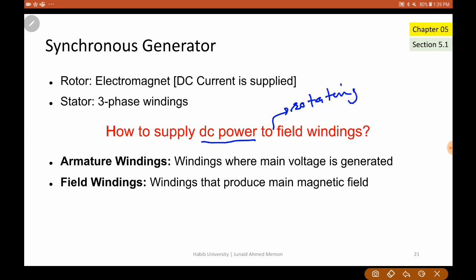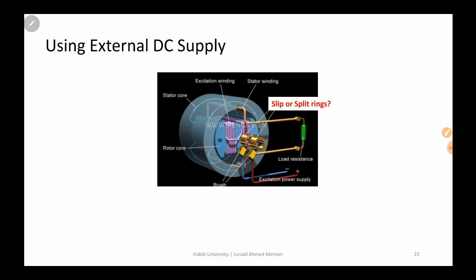That's the problem, that your field windings are rotating. So how do we supply the DC power to the rotating field windings? One obvious solution is that you connect an external DC supply with a slip ring mechanism.